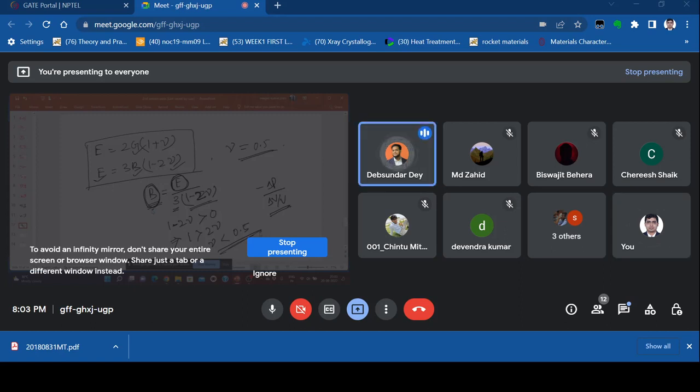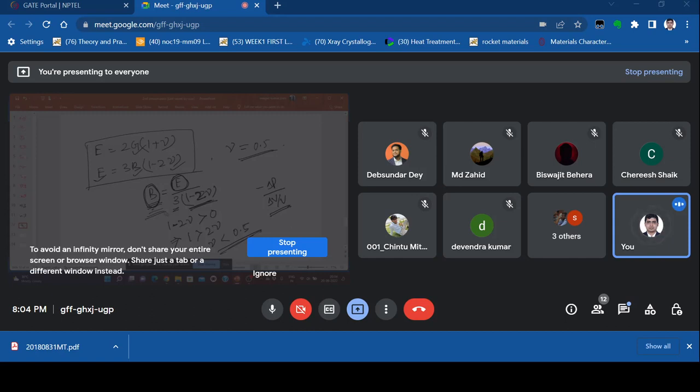Yes, sir. But sir, another proof I think is possible if you put the atoms in a closed packed manner. Then also we can prove that Poisson's ratio is 0.5 only for closed packed atoms. Because we're considering it positive, because it becomes negative. If bulk modulus becomes negative, that means when you're applying pressure, the volume is increasing. So that is not possible.